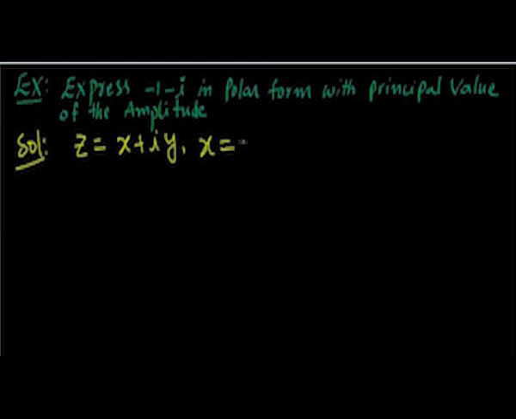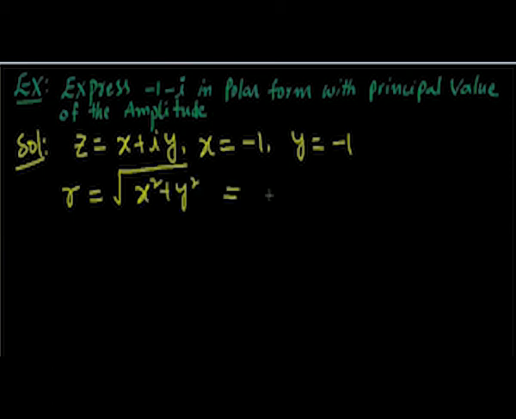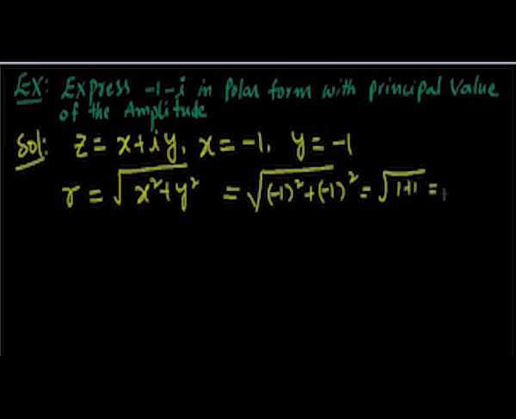In this case, x value is minus 1 and y value is also minus 1, and finding the r will be under root x square plus y square, that is under root minus 1 square plus minus 1 square, which will be 1 plus 1. So r value is root 2.